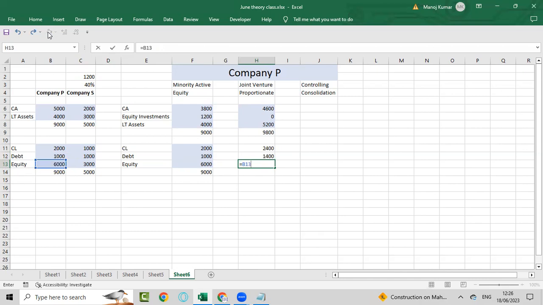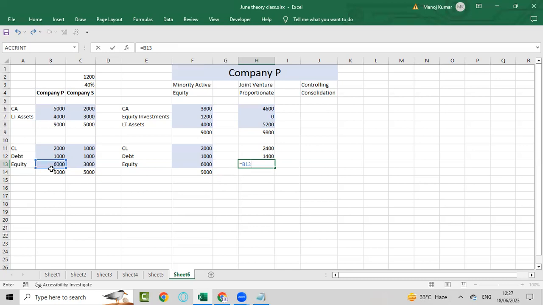Why? Because the 1,200 rupees, which is there in this 3,000, is actually added in 6,000 also. Already included. Let's suppose I started a company P. I invested 6,000 here. The company did not need that much investment, so it invested somewhere else. So does my equity remain 6,000 only, or does it increase?